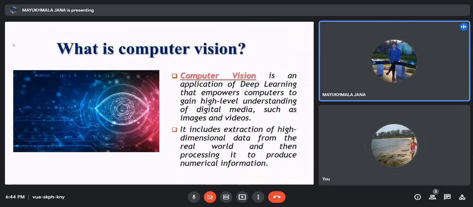Computer vision is basically an interdisciplinary field that deals with how computers can be made to gain a high-level understanding from digital images or videos. With computer vision, a computer can extract, analyze, and understand useful information from an individual image or a sequence of images by applying deep learning algorithms.